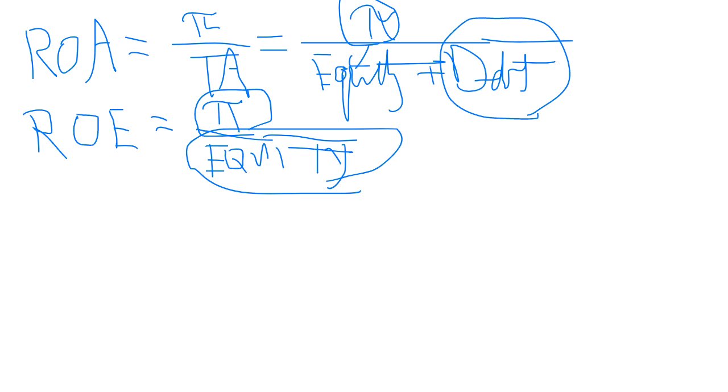But then return on equity will be what? It will be greater than 10%. We know that for sure. Why? We're talking about the same net profit, 1 million, and equity is only part of the total assets. And we already assumed equity is 6 million, right?